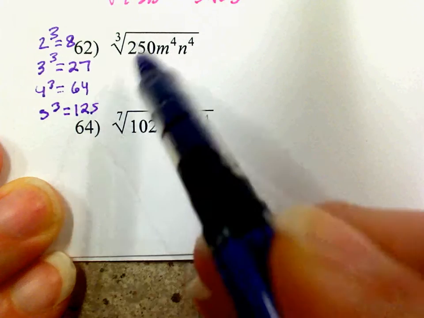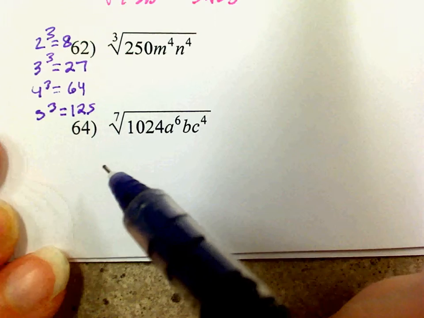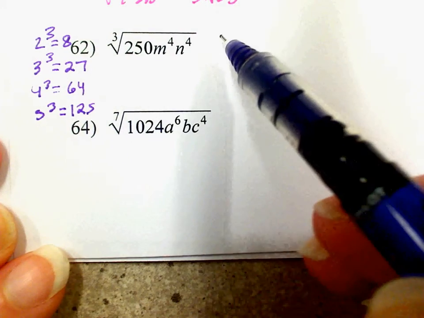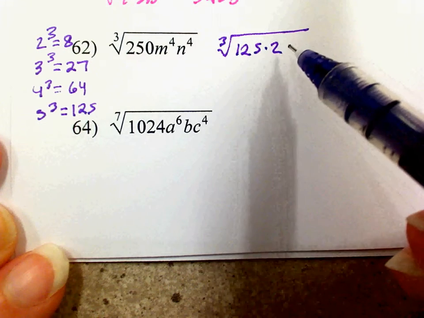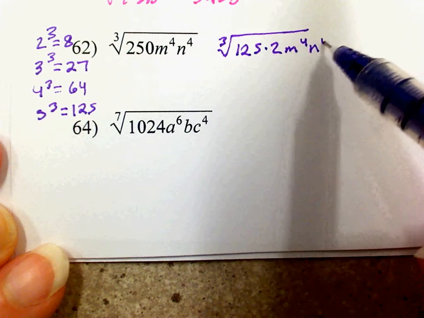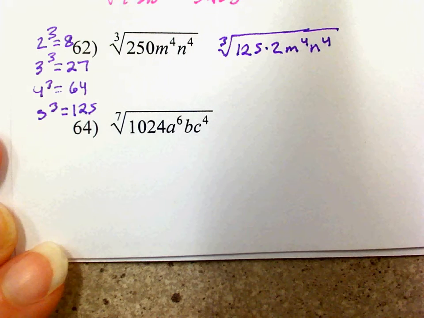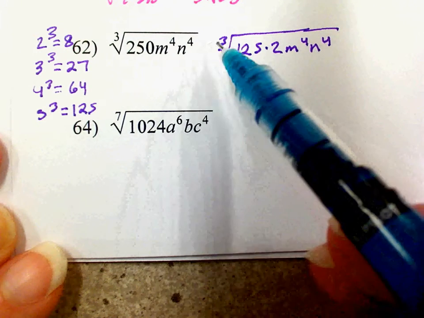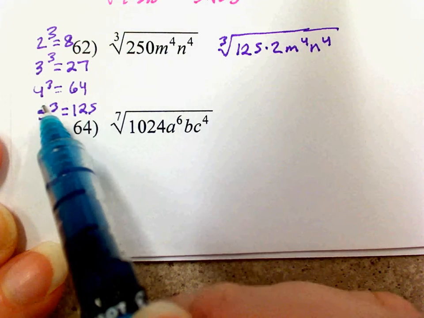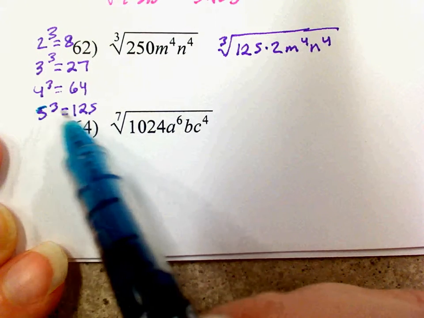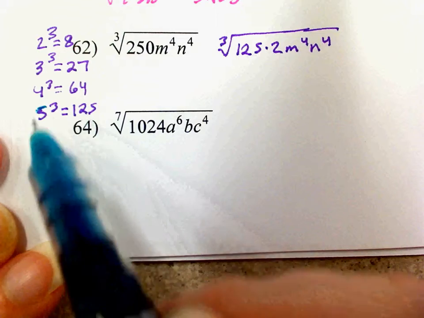How many times? So this is going to be the cubed root of 125 times 2, m to the 4th, n to the 4th. Okay, so what is the cubed root of 125? Well, if 5 cubed is 125, then the cubed root of 125 is 5.